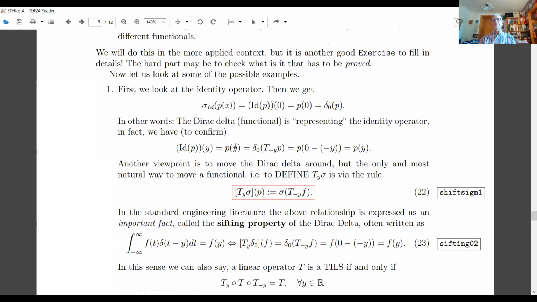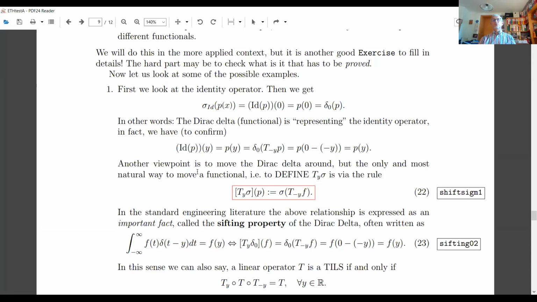So I'm asking, by this rule that we have established, take that linear functional and apply it to the polynomial, but shift it backwards. Okay, well, this shifted backwards polynomial with free argument is x minus y. So the t sub y means you're shifting in the opposite direction. Minus y is plus y. 0 plus y is just y. So yes, we are getting it back. So in this particular example, we're happy and see that everything is fine.